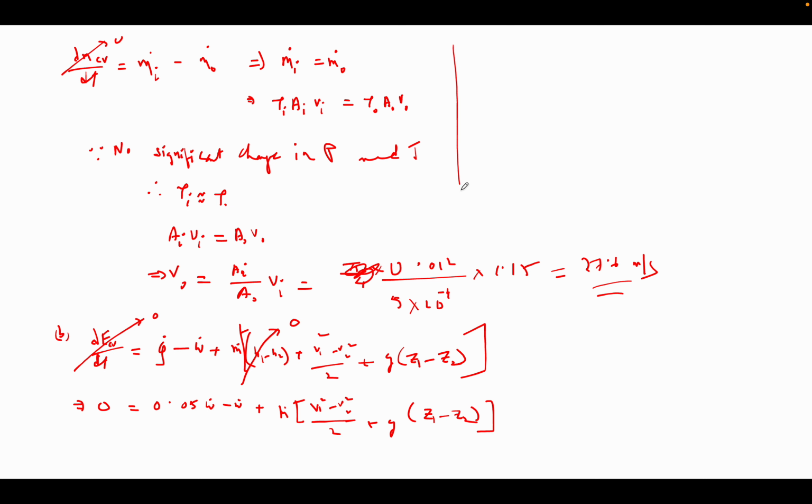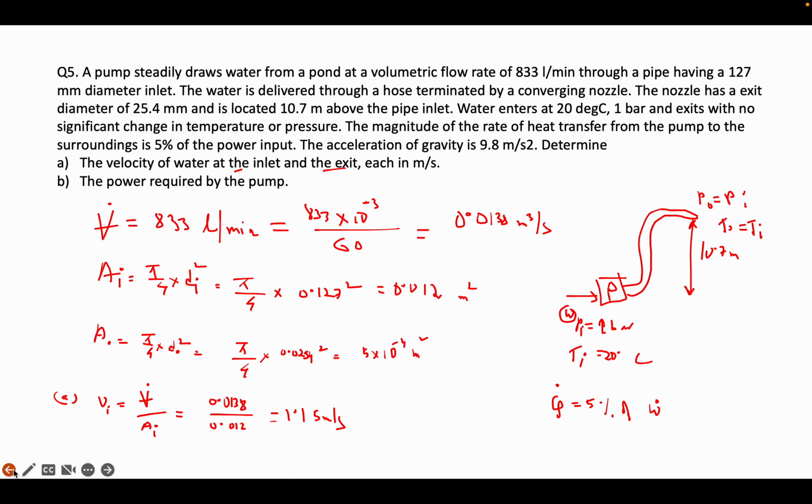From here, 0 minus 0.95 W dot is equal to m dot times that bracket. I think I know the value of m dot.